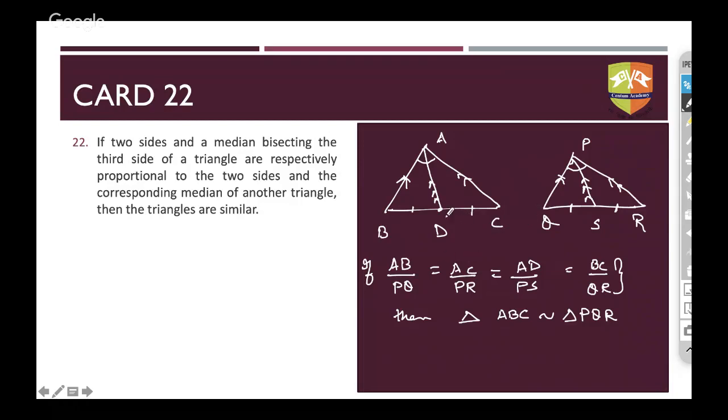Okay, so basically, you can do a construction here. If I extend the median to make it equal and then join, what do I get?